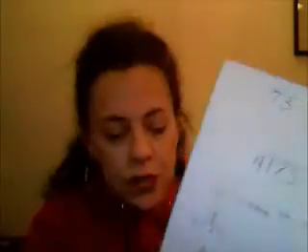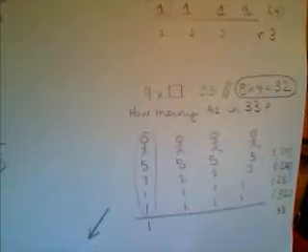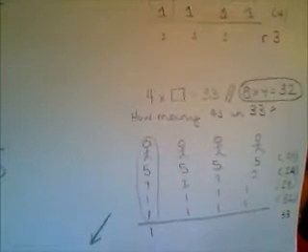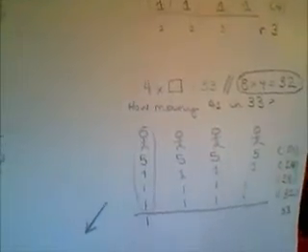8 times 4 is 32. Hopefully you used your times tables knowledge to help you, which is why we've been doing so much work on our times tables. If not, you can always do a quick bit of sharing and you'll still see, either way, that 32 is as close as you can get. Sharing out 33 between 4 gives you 8 with 1.